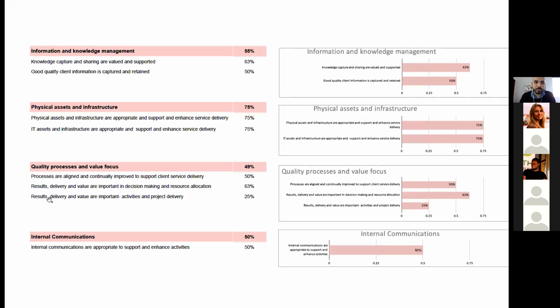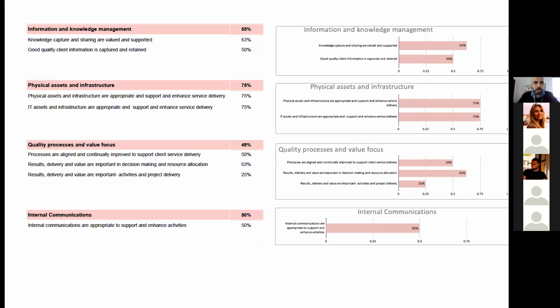For example, on quality processes and value focus, for my organization, the results, delivery, and value are important for activities and project delivery. We are not taking good care of this. So I can get back to my team and see how we are using the results we have for our activities and project delivery.